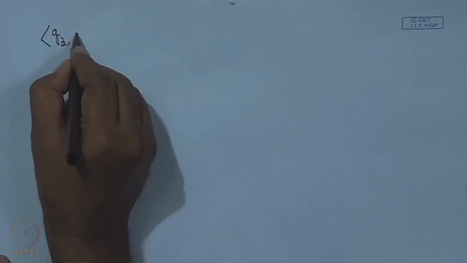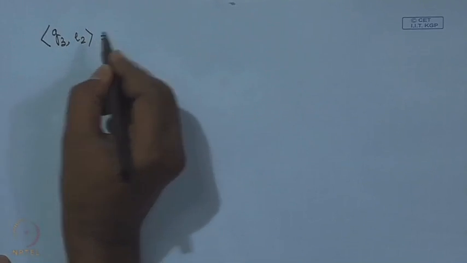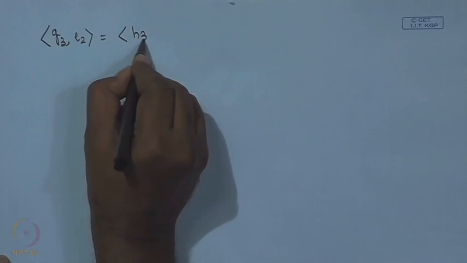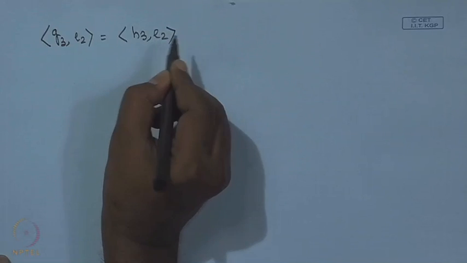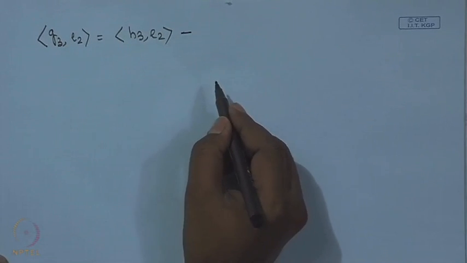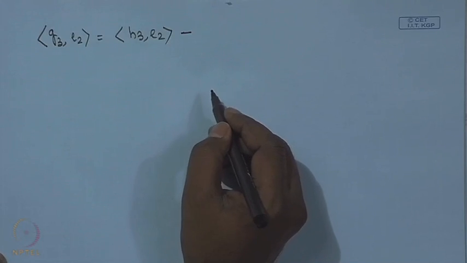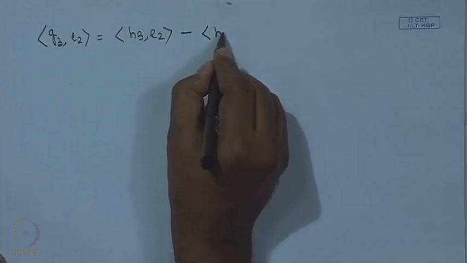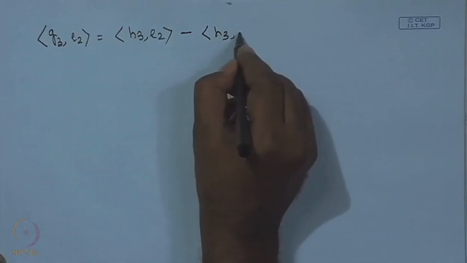So, if we do that, this becomes inner product between G3 and E2 is equal to inner product between H3 and E2 minus inner product of H3 and E1, which is a scalar. So, therefore, it will be out of the larger inner product sign.